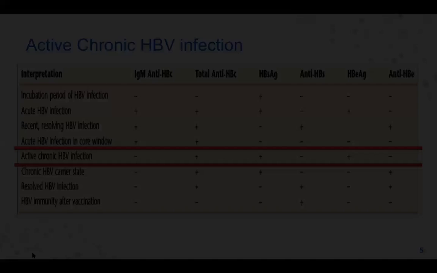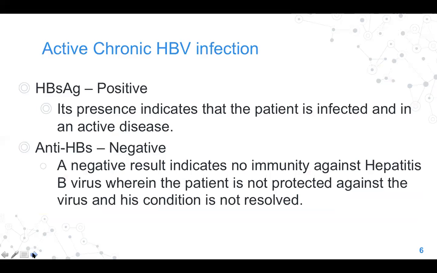So HBsAg, or hepatitis B surface antigen, positive indicates the patient is infected with active disease, and a negative anti-HBs result indicates no immunity against the hepatitis B virus. The patient is not protected against the virus, and his condition is not resolved.